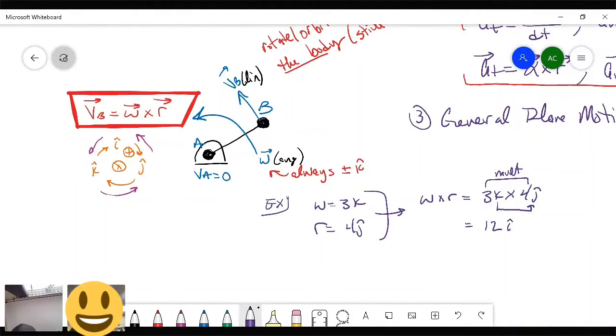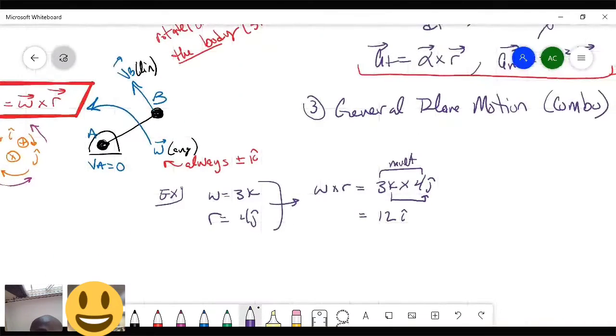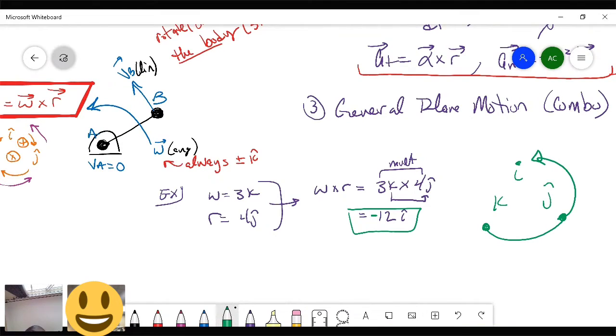Okay, so it would be I, but I'm assuming it's positive because we're going in that right direction. Almost. It's negative. I, J, K. You did K cross J. That's going to give you backward, negative I. And that's how you do the cross product. You follow me?